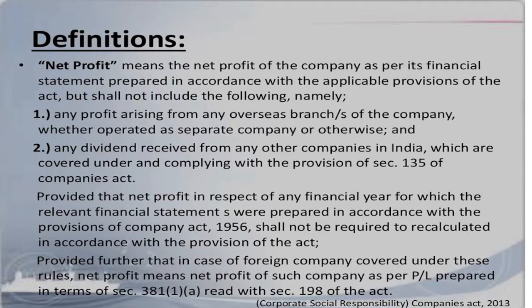Any dividend received from any other companies in India which are covered under and complying with the provisions of Section 135 of the Companies Act should also not be included. And provided that net profit in respect of any financial year for which the relevant financial statement was prepared in accordance with the provisions of the Companies Act 1956. So the net profit, excluding overseas profit as well as dividend profit, is treated as the net profit.